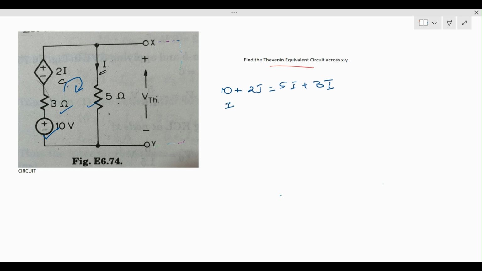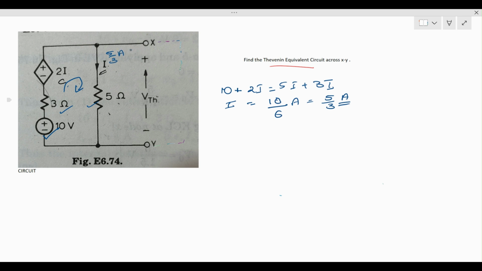So what is I then? I will be 10 by 6 amps, which is equal to 5 by 3 amps, right? So we got I, which is 5 by 3 amps.